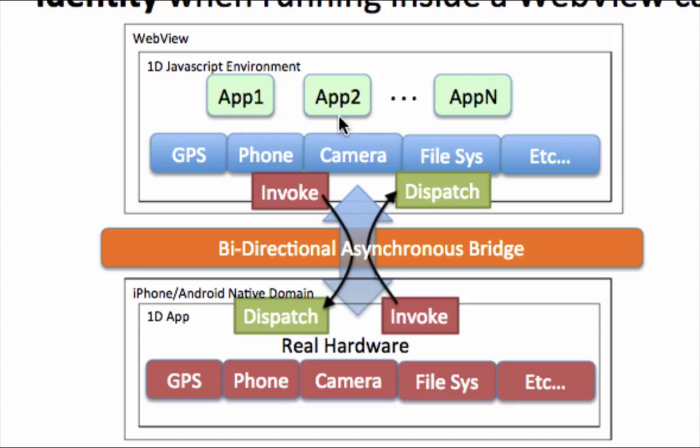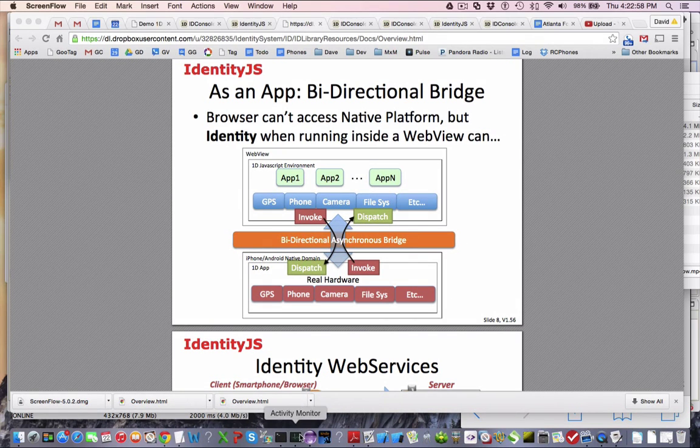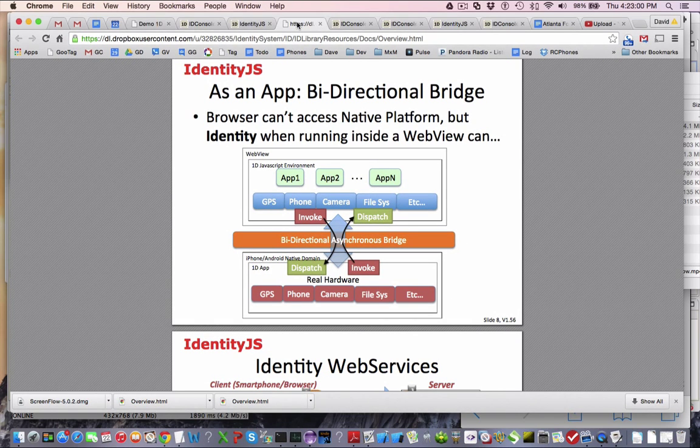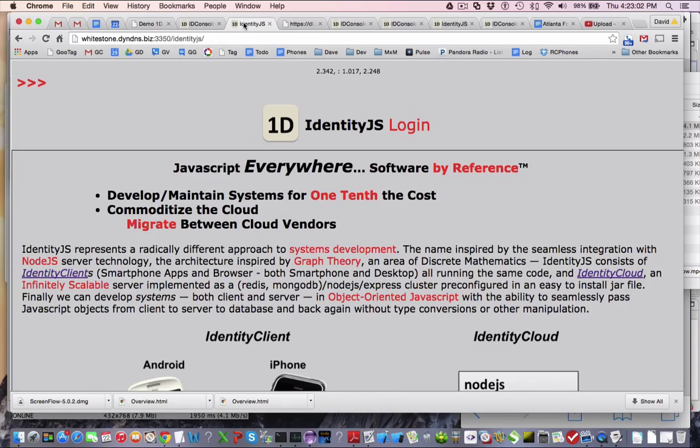So now let's take a look at what this is going to look like on a browser. This is IdentityJS.com. If you go to that website, here's the browser interface to that. And we'll see in a moment it looks similar on a smartphone browser. But basically, IdentityJS is implemented in itself.